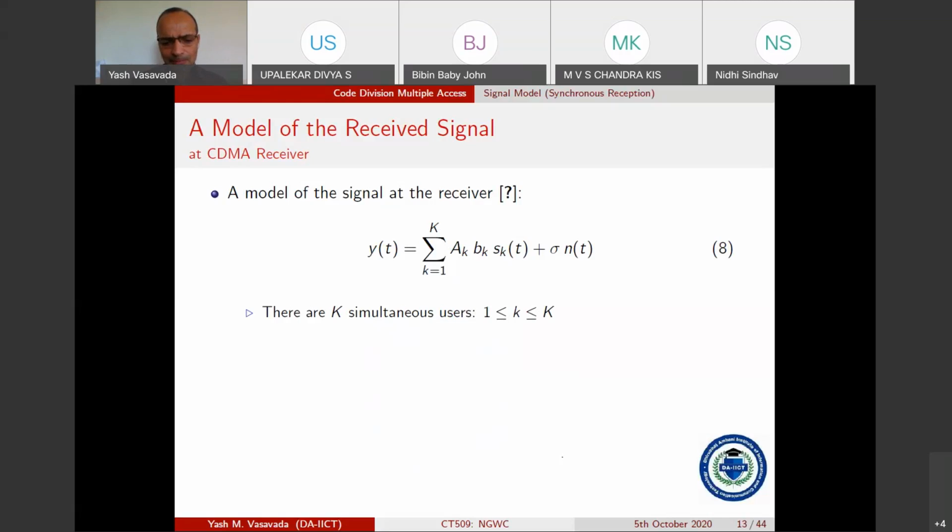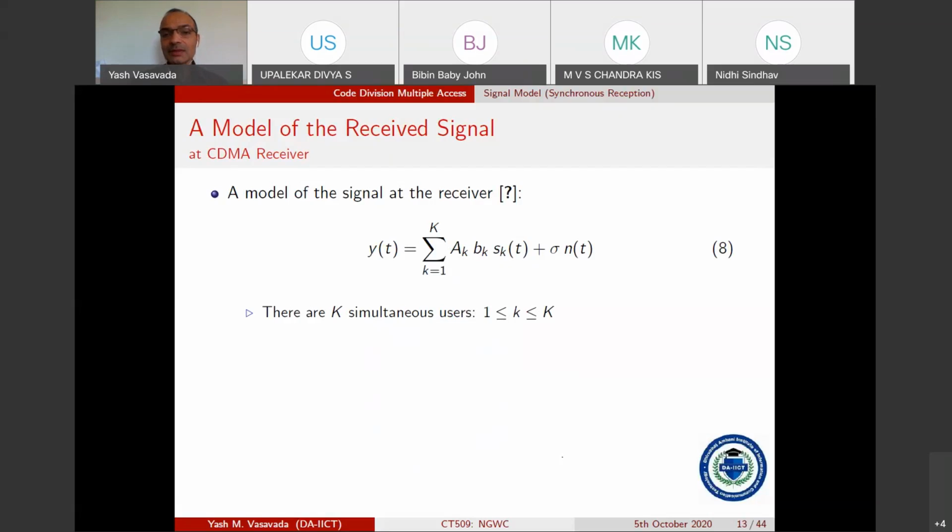And so it is this third technique, code division multiple access, that we are going to look at. Now, I want to bring in one point at this juncture, which is that multiple access techniques can either be orthogonal or they may be non-orthogonal.